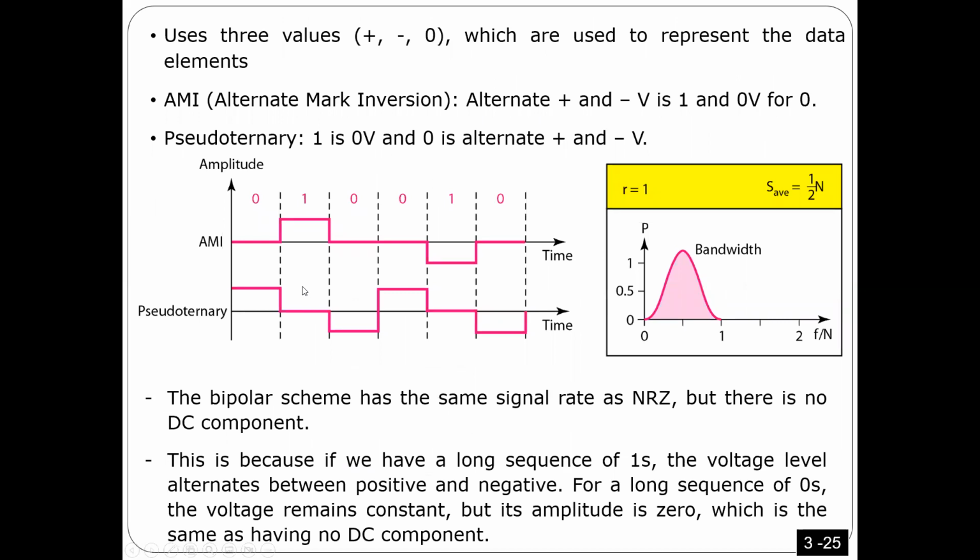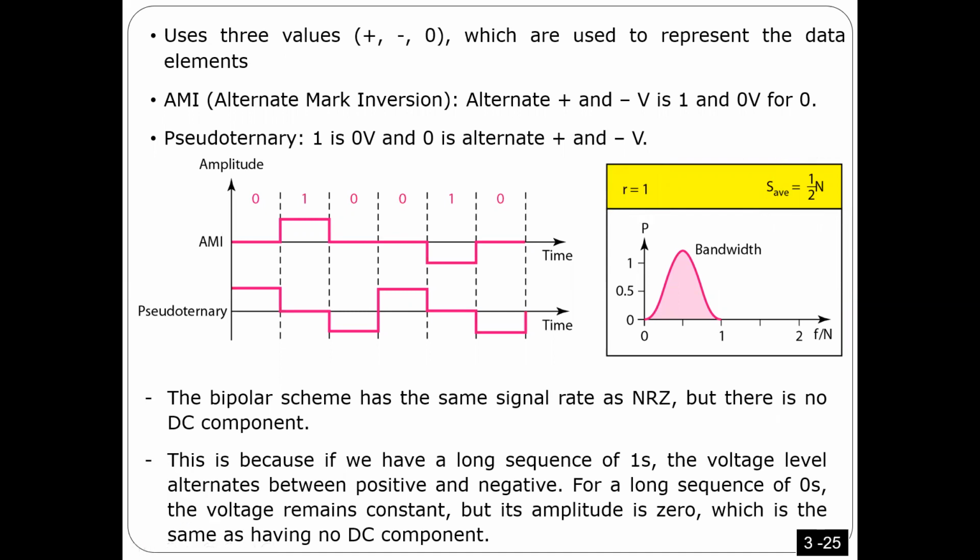Because if in every bit duration you go to 0 or make a transition, you pay a heavy cost. The cost is that r was 2, and I'm going to need double the bandwidth. This is the problem I had before. So here I decided not to use 2 signal elements to transfer 1 bit anymore. What we did here is somehow very interesting, so look at how this one works.